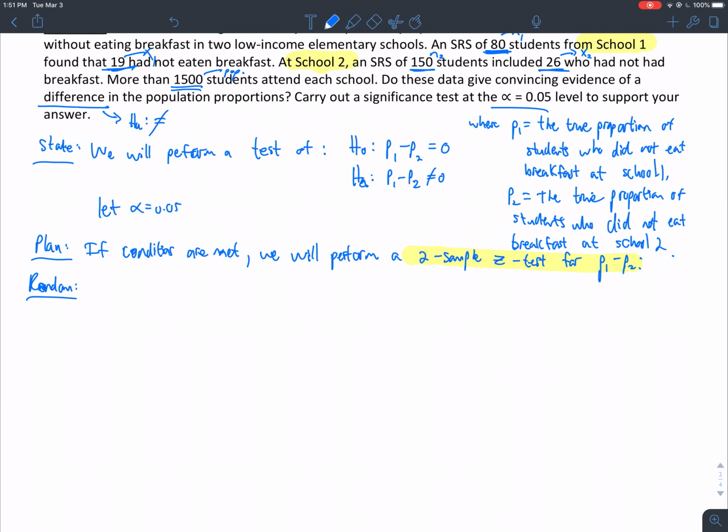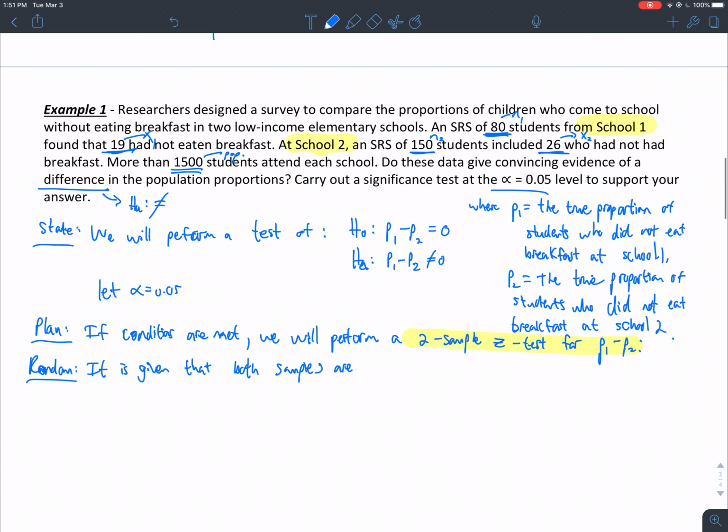Okay, random. It is given that both samples are SRSs. There it says SRS, SRS.